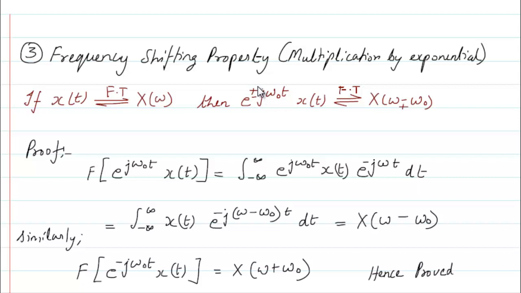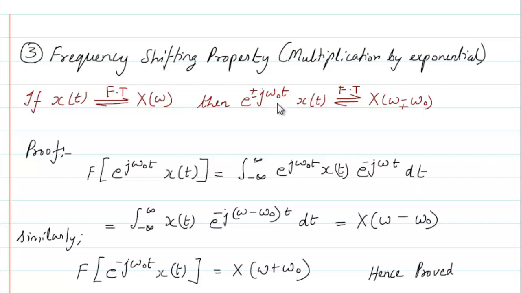What is important to note here is that plus or minus results in minus or plus, so the sign is reversed, and you have to take care of that. This is also sometimes called multiplication by exponential, because you are multiplying x of t with an exponential function to get a shift.